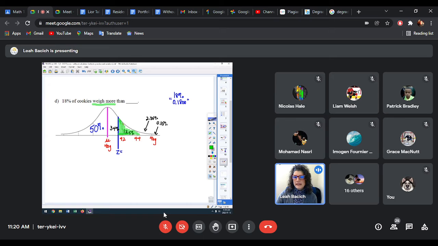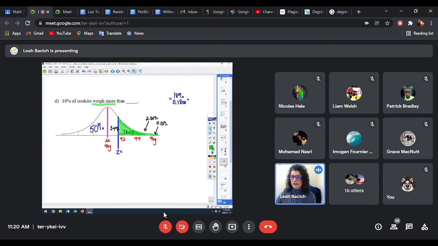And it's got to be between 16 and 50%, because I'm already through these three bins here with my 0.15, my 2.35, and my 13 and a half, I'm now adding to that 16% some percentage of 34. I don't know what it is yet, but I'm going to find out.